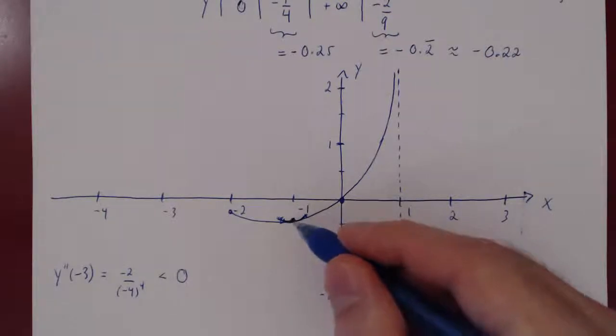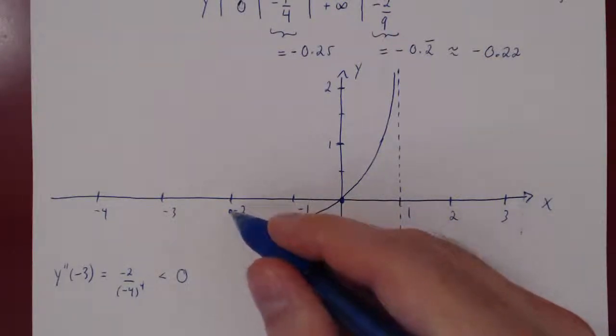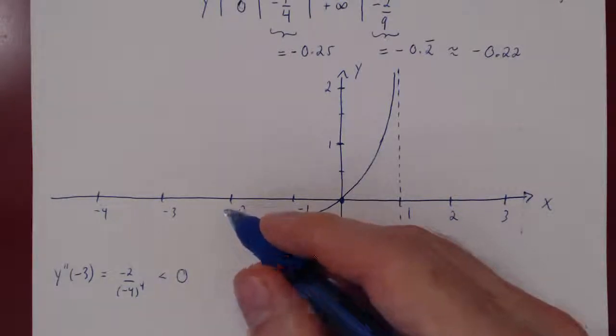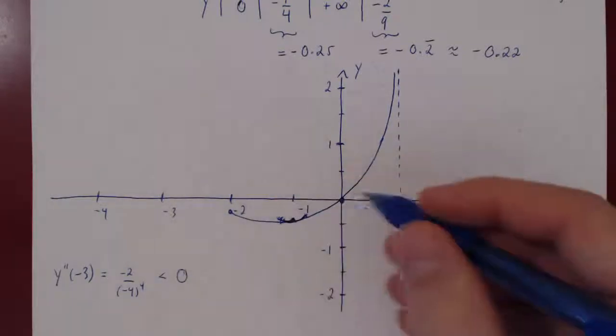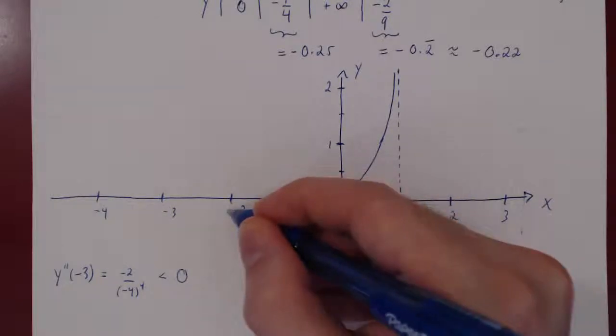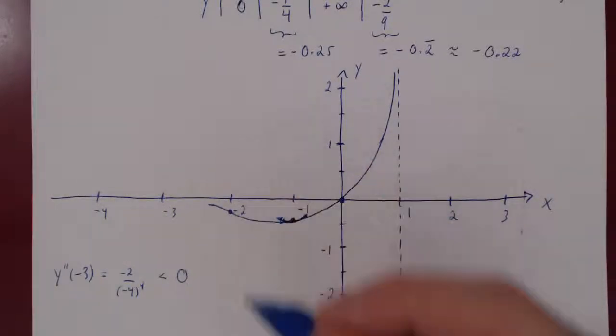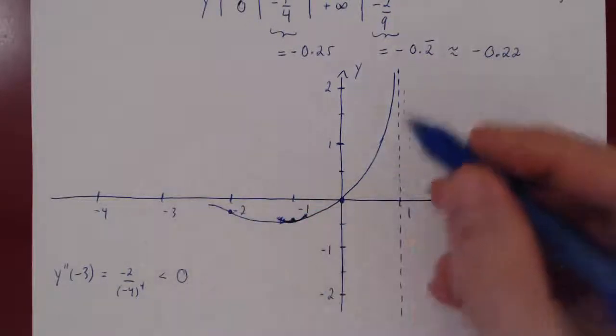The curve is flat at x equals -1. It's concave up until we reach -2, because we know that at -3, to the left of -2, the second derivative is negative, the curve is concave down. And so the curve will go from concave up to concave down. So concave down, and then concave up.